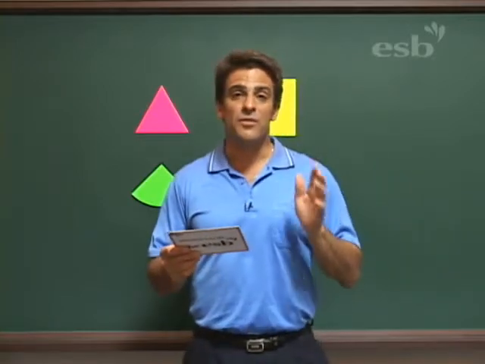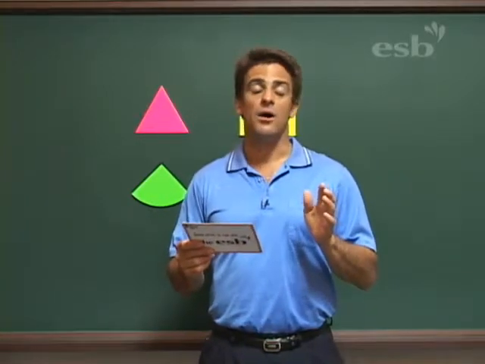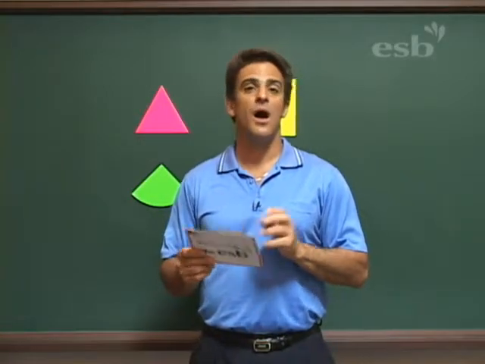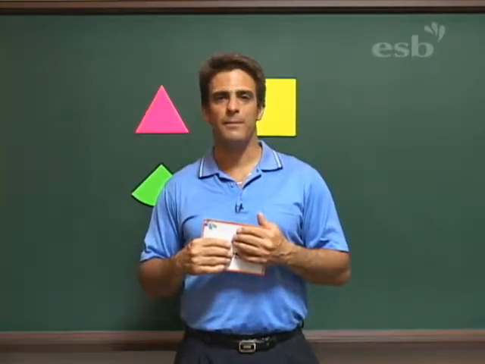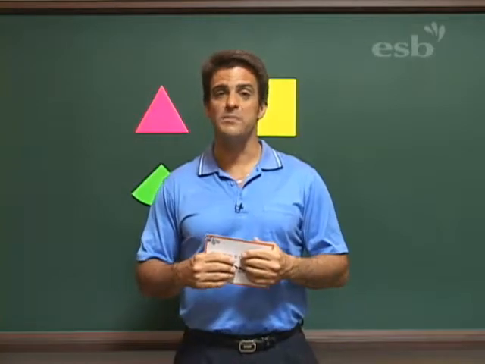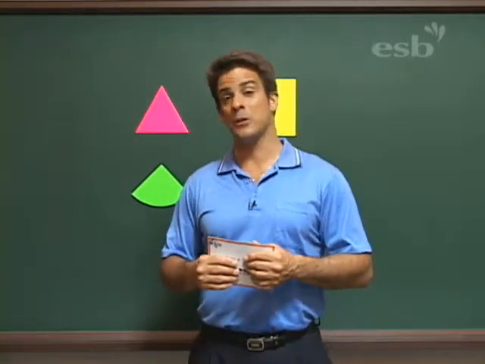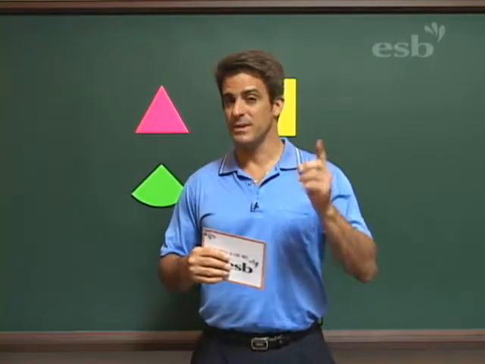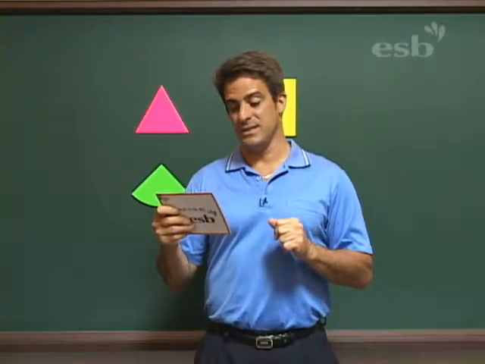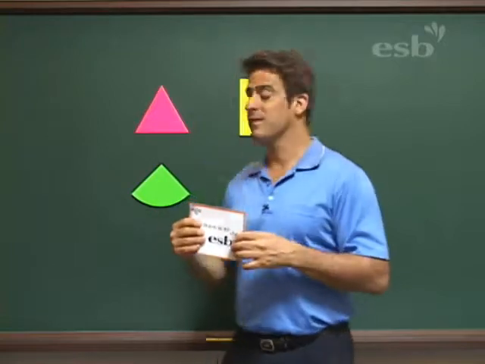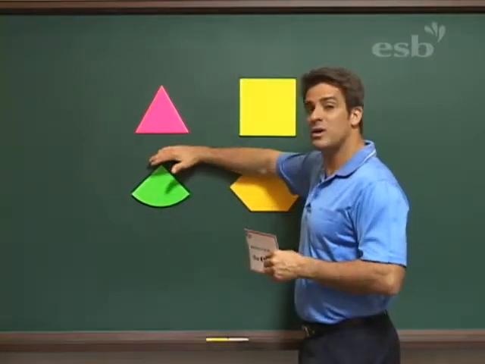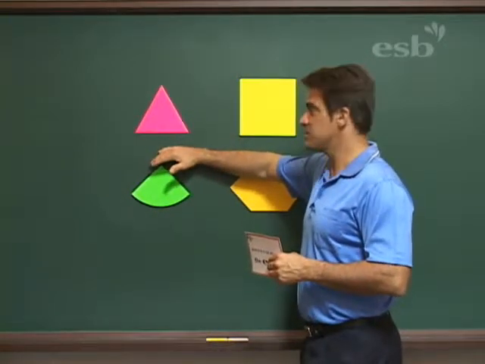The sides of a regular shape are the same length. Okay, what is a regular shape? Well, here is one important thing about regular shapes. Again, the sides of a regular shape are the same length. Here we have 2 regular shapes.